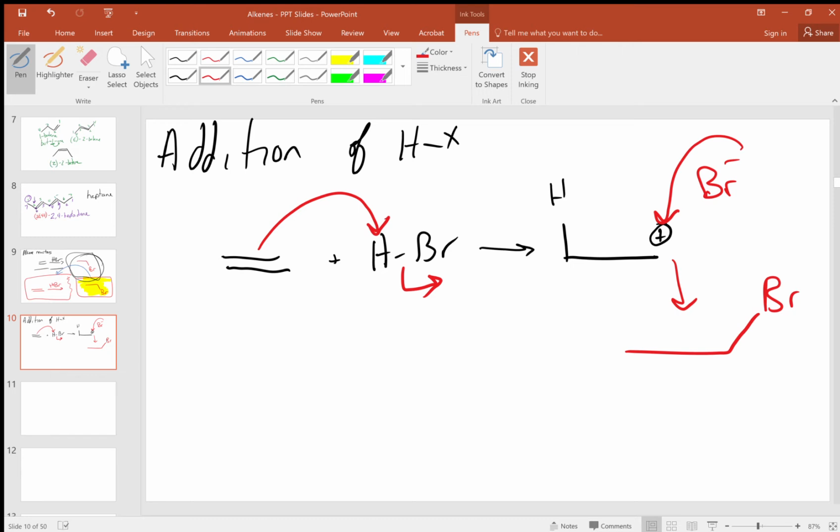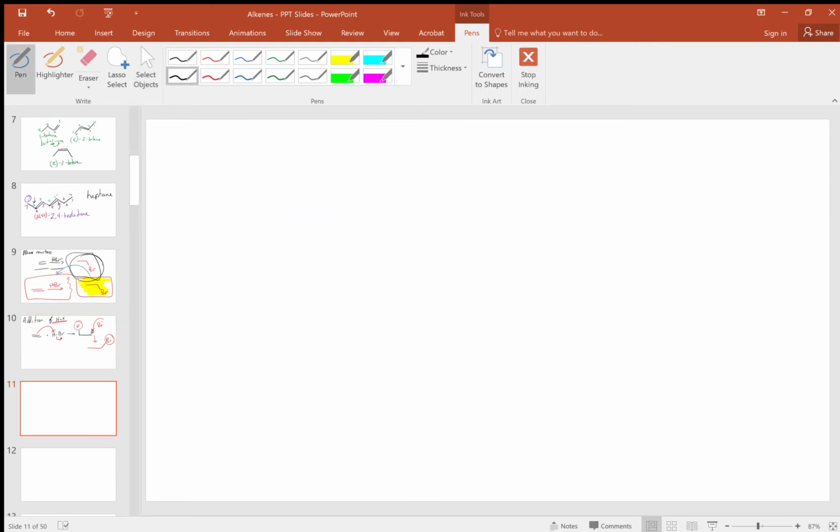So overall, what this reaction does is we add a hydrogen on one carbon and a bromine on the other carbon of what was the alkene. All right, let's make this reaction a little more complicated.